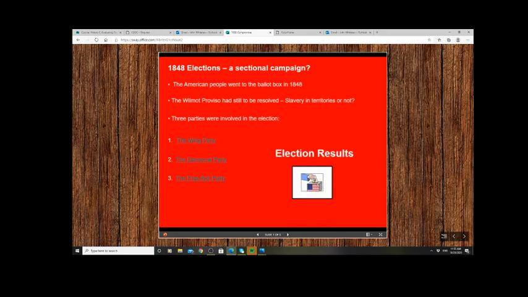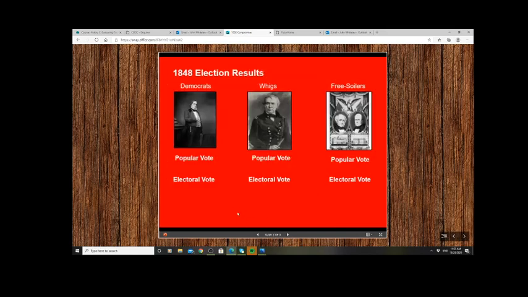There are, as I said, three parties, but only two really have got a chance of winning this. Here you've got the three candidates. You've got Lewis Cass representing the Democrats, who's a kind of moderate, safe candidate. In the middle you've got Zachary Taylor, former war hero during the Mexican War, who was the Whig candidate. And then finally you've got the Free Soil Party, and their candidate is an old Democrat, a guy called Martin Van Buren.